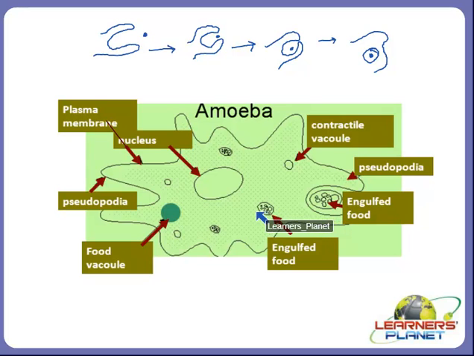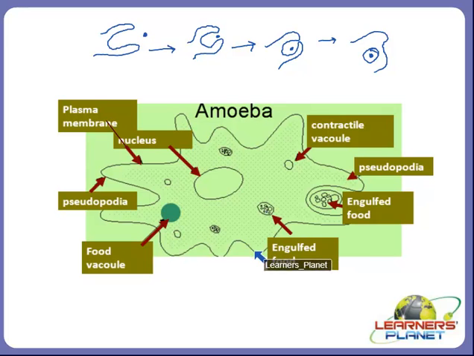There are certain parts which remain undigested also. So that undigested material has to be eliminated out of the body. It will go towards the pseudopodia, get fused with that, and the undigested food will be thrown into the surrounding. So this is how the amoeba survives in its surrounding.